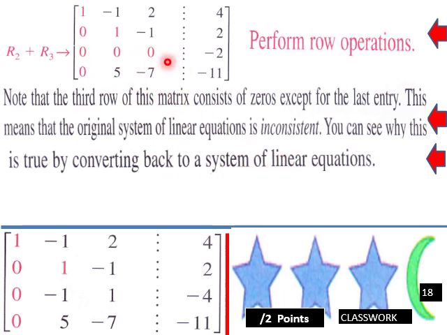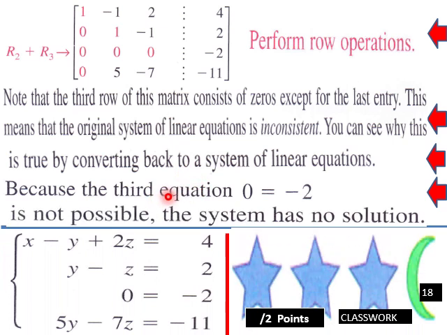If you imagine this back in the original system, how absurd would that be? It'd be very absurd. Because the third equation, 0 equals -2, is not possible, the system has no solution. So this system here has no solution.